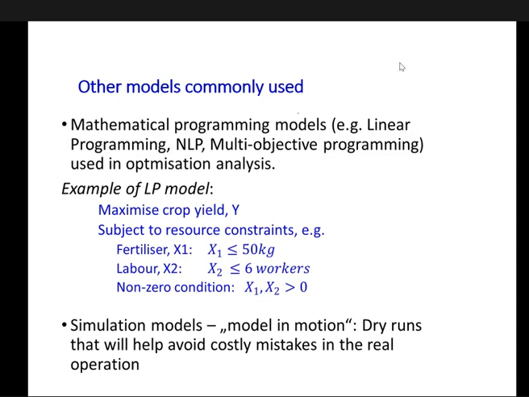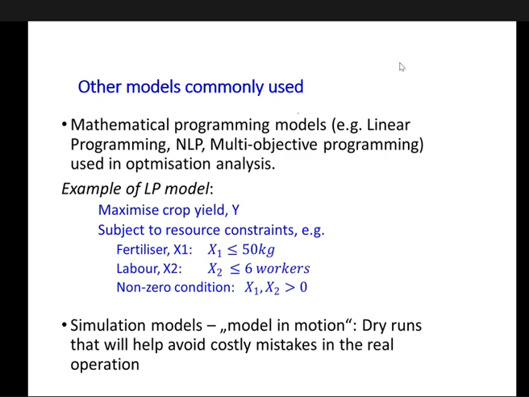And his labor, he has only 6 workers. He can't get more than 6. So you maximize this objective function, which is yield, subject to X1 and X2 that are applied in levels that are not more than 50.